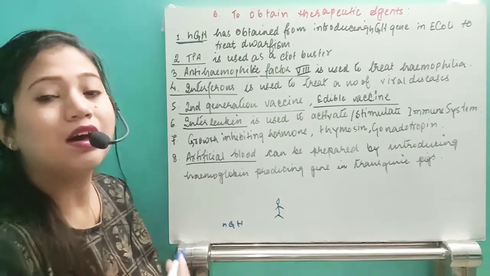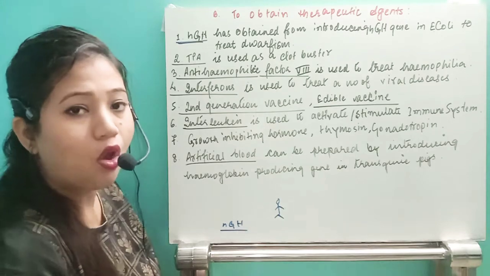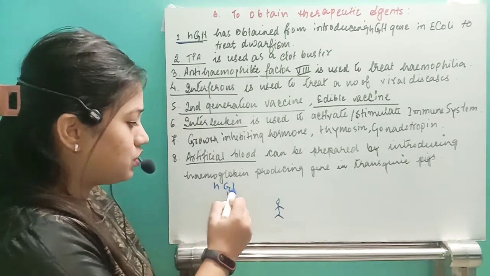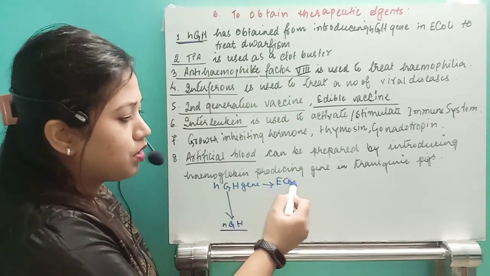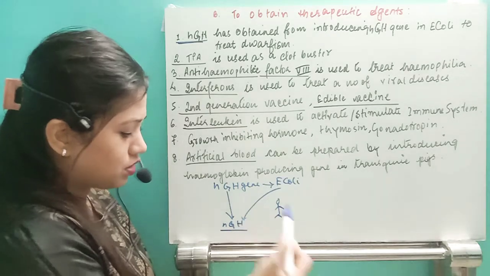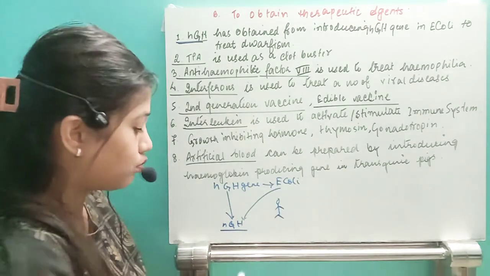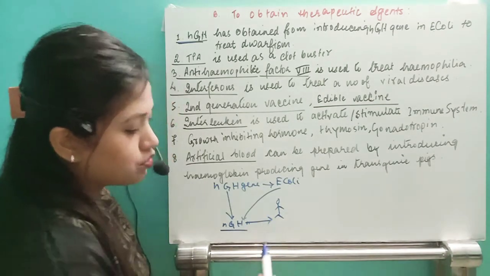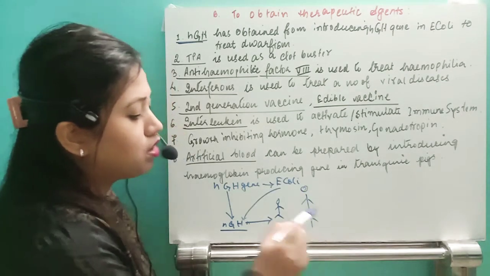Now, what biotechnology made possible is that this human growth hormone producing gene is introduced into the E. coli. So this E. coli, by the translation process, will produce human growth hormone. This hormone will be injected to that individual, and that individual will attain the normal growth.